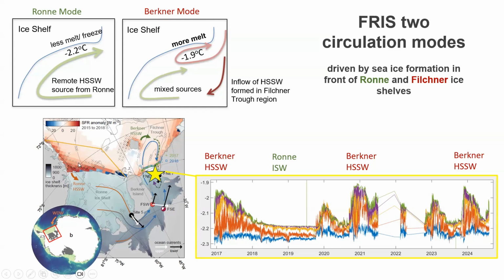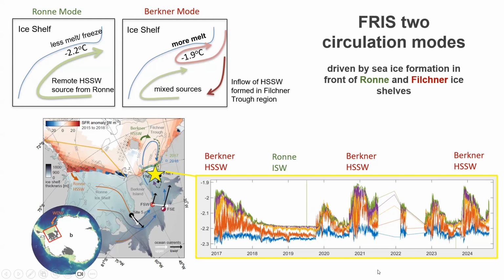One is driven purely by sea ice dense water that is produced in the Ronne Polynya area, and that propagates through the entire cavity and exits through the Filchner trough. Whereas in other cases, there's a mixed source mode where this flow from the Ronne side is present, but you also have dense water produced in the Filchner trough region that is dominating the circulation in the northern part of Filchner ice shelf.